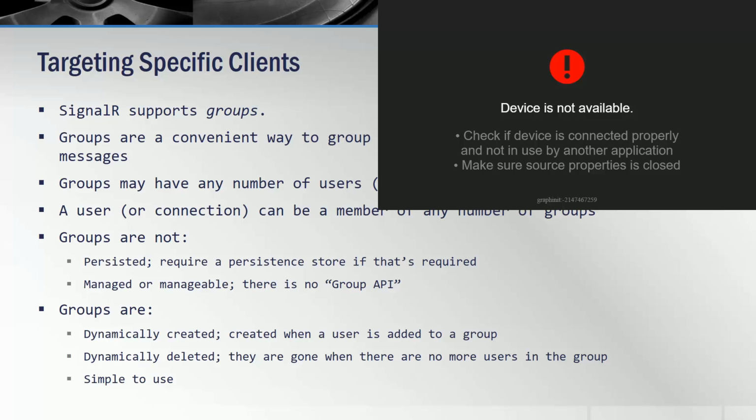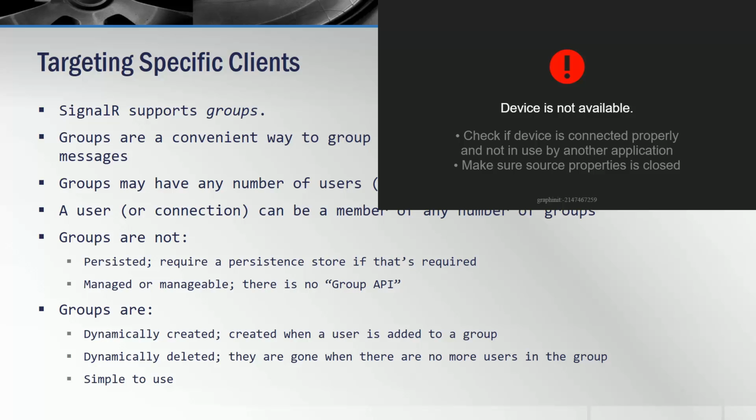However, keep in mind, when using groups, groups are not persistent. There is no persistence mechanism. SignalR doesn't remember what your groups are. They're gone. They're also not something that you manage. There is no group API. There is no group discovery API.